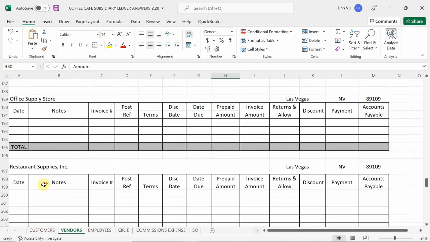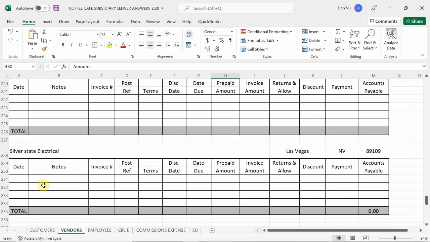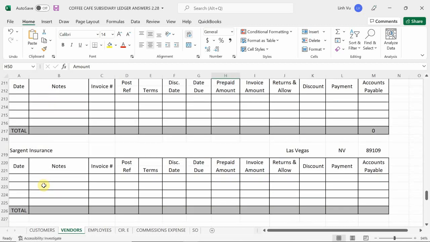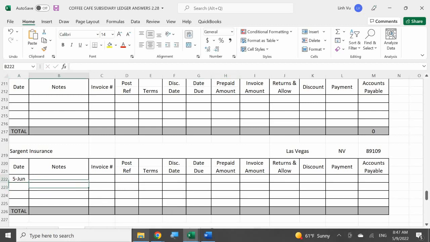So Sergeant is letter S. There you go. Sergeant Insurance. You bought a 12 month insurance policy.